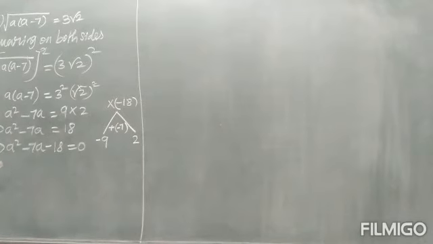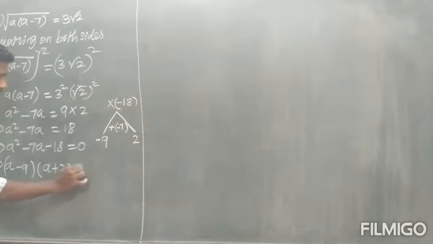So how to write the factors here? a minus 9 into a plus 2 is equal to 0.